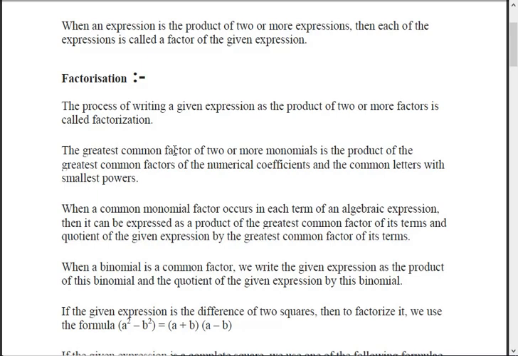The greatest common factor, we call it HCF also, of two or more monomials is the product of the greatest common factors of the numerical coefficients and the common letters with the smallest powers. Firstly, what is a monomial? Monomial, binomial, trinomial, polynomial.